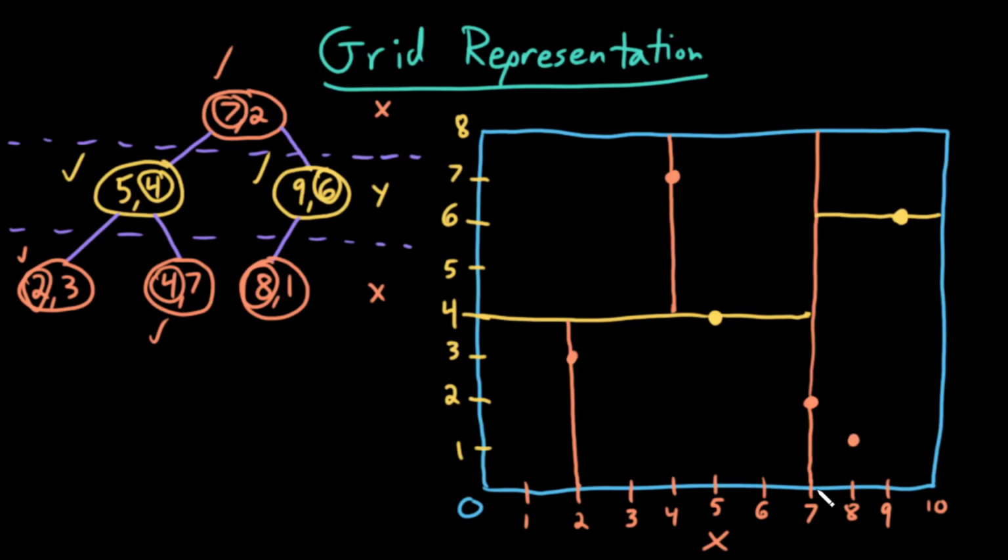So I'm partitioning this space. There we go. So now I've created all of the k-dimensional partitions, in this case k equals 2, so the two-dimensional partitions based on this KD tree.